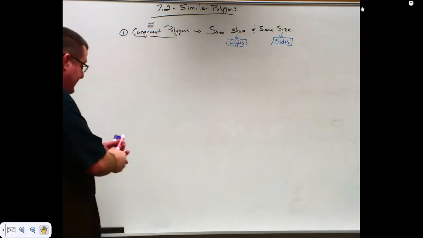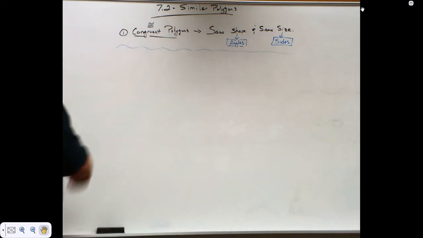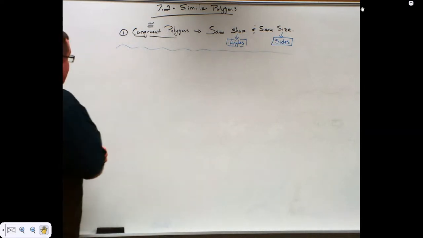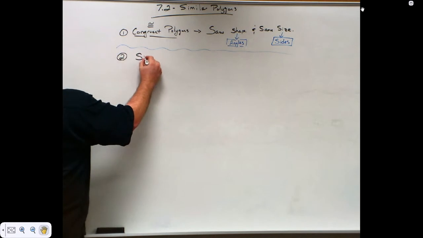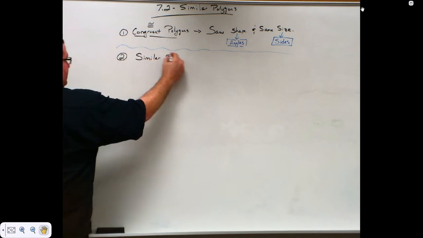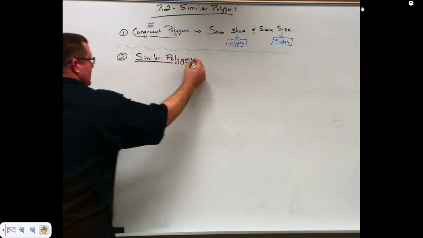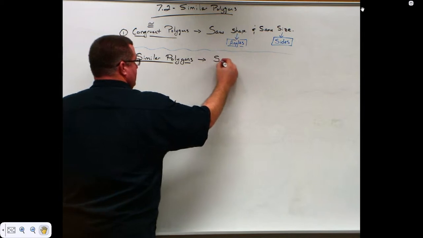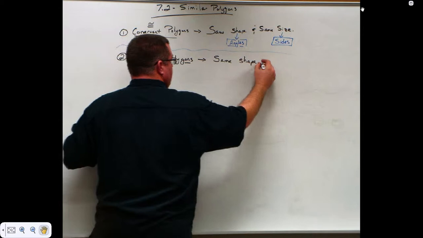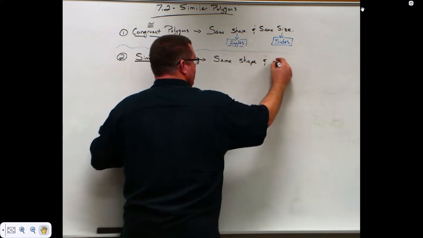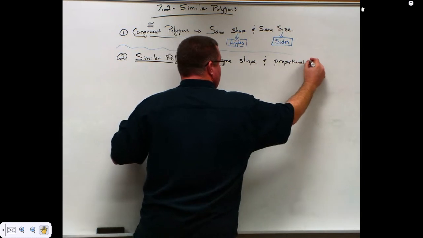And we'll see that when we talk about what we're going to talk about today, which is, instead of congruent polygons, similar polygons. Those are polygons that are the same shape and proportional size.